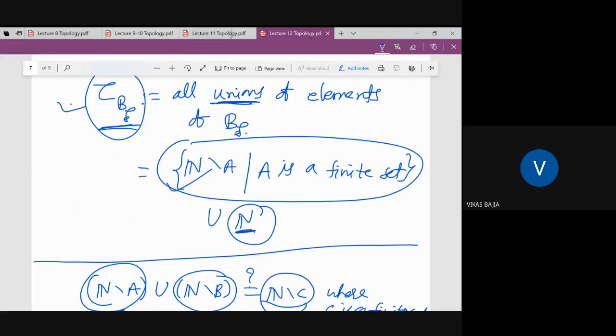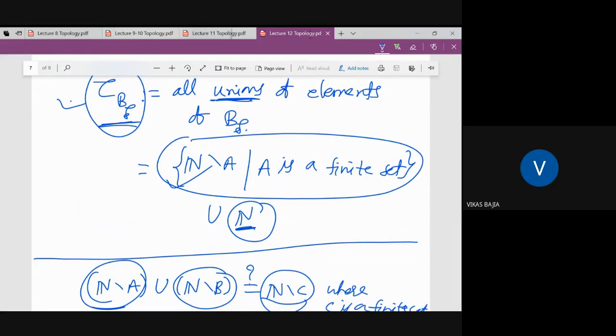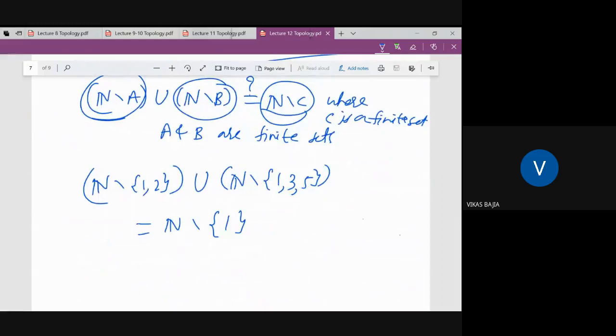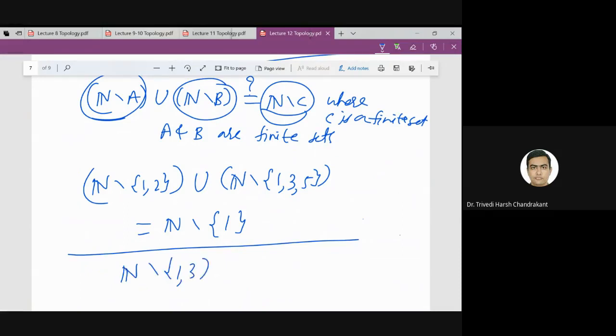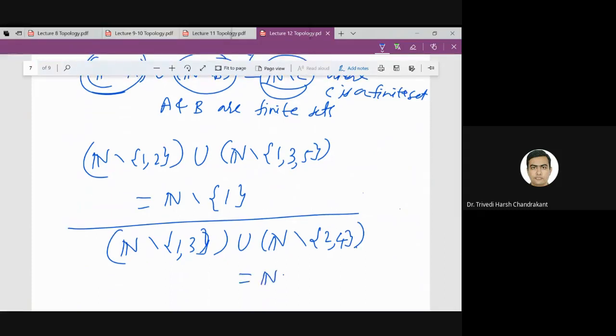And if A and B are disjoint, then this union is basically N, sir, I think. Correct. So if I take {1, 3} union, yes, you have given the correct example. So this will show us that N I can write as a union of two elements of the basis. Therefore this belongs to the topology.